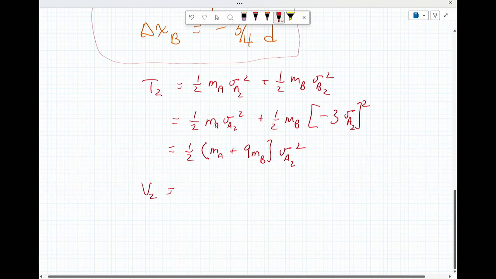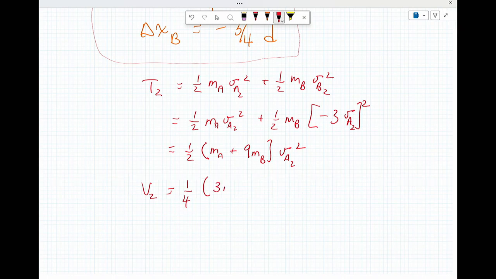V2 is equal to 1/4 (3 MB minus MA) g d sine of theta.